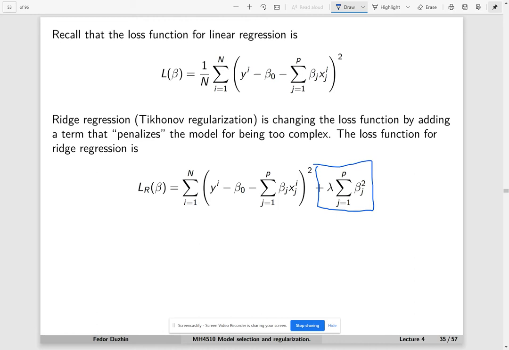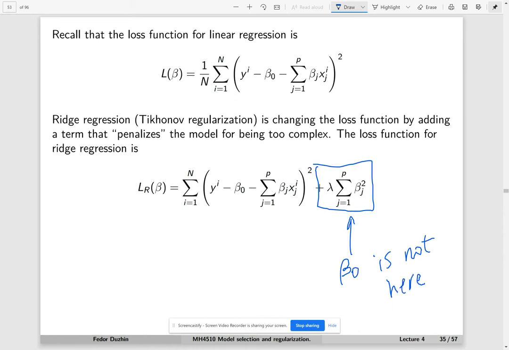Instead of using the original loss function, we're going to use the modified loss function with this one extra term. Notice an important thing: beta 0, the bias, or the constant coefficient, or the intercept, is not here.